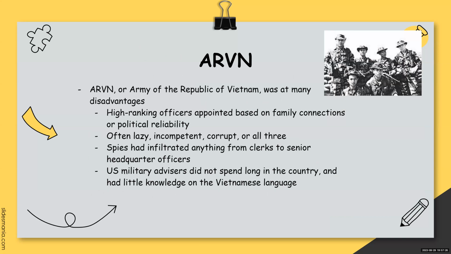They were often lazy, incompetent, corrupt, or all three. And spies had already infiltrated at nearly all levels, ranging from clerks and drivers to senior headquarters officers. And the support from the US was also not very good because they didn't spend long in the country and they didn't really know the Vietnamese language either.